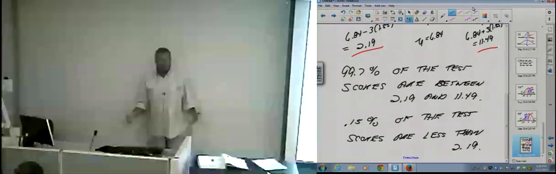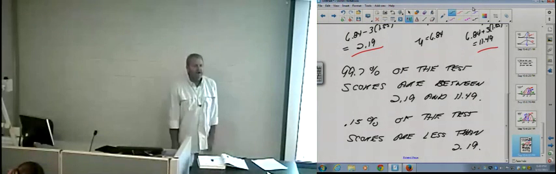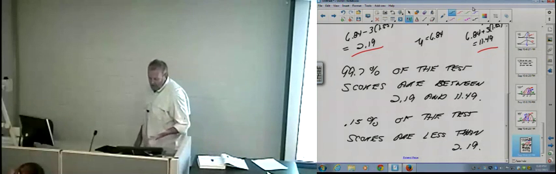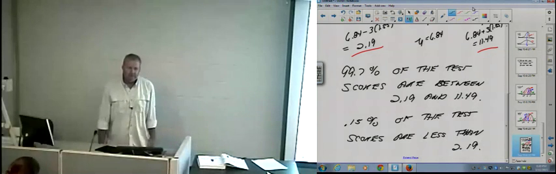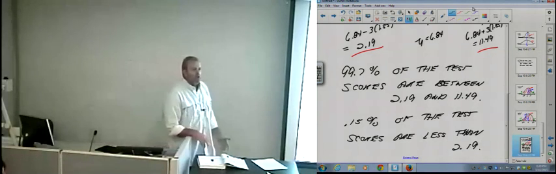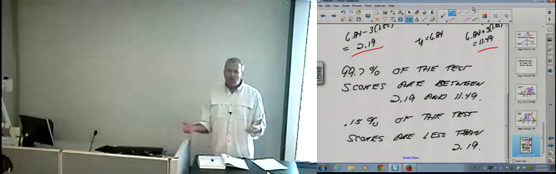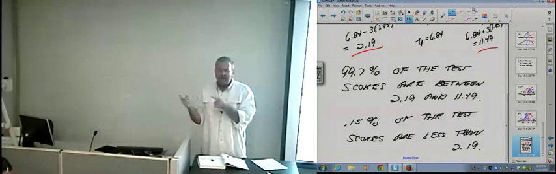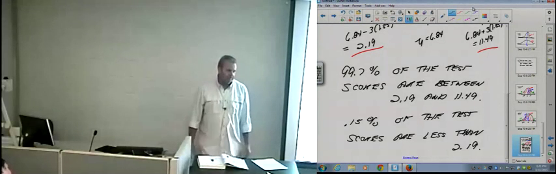See, we have to get the interpretation of what's going on when you're looking at this area. So 0.15% of the test scores are less than 2.19. And again, remember, I can tell you all kinds of things here, because you know more than just between or the tails. You know from the mean down here. We know all kinds of things, right?